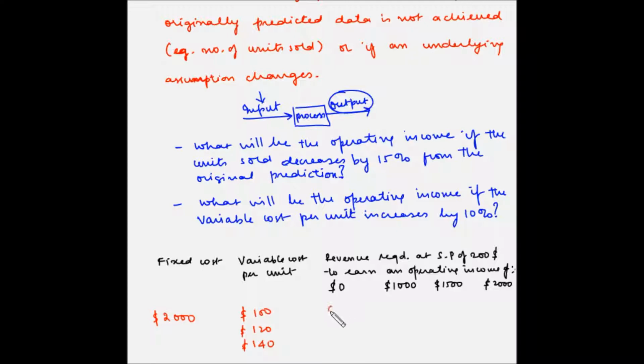So the profit is 0, and we know that the profit is equal to the total revenue minus the total cost. So total revenue is Q, which is the quantity, multiplied by the unit selling price, minus the total cost. The total cost is addition of fixed cost and the variable cost.